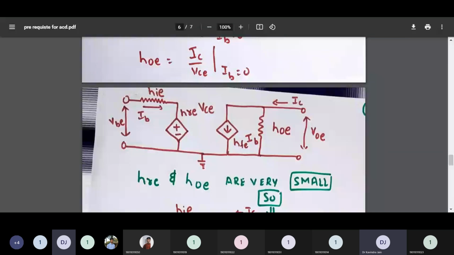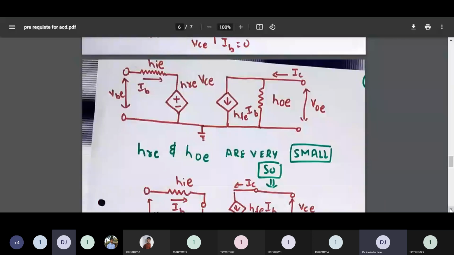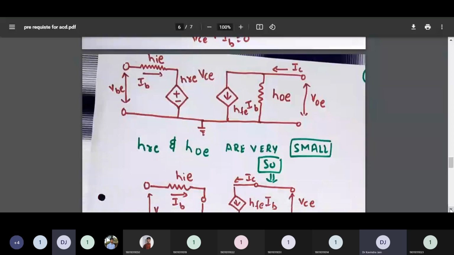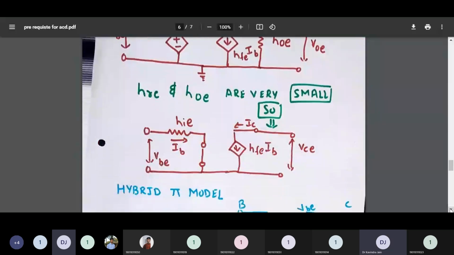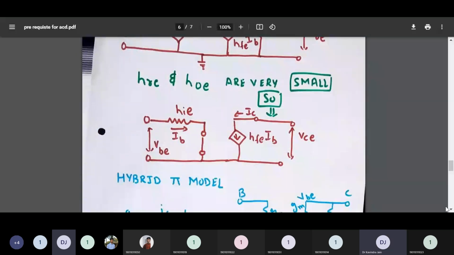Now, HRE and HOE are 2 kinds of things that are very, very small, because HRE and HOE are nothing but reverse voltage gain and output admittance. Reverse voltage gain would be very, very small. Similarly, output admittance. So we can neglect this thing, and hence the equivalent model would be something like this.